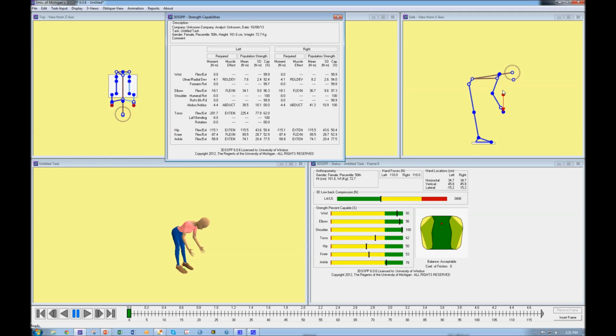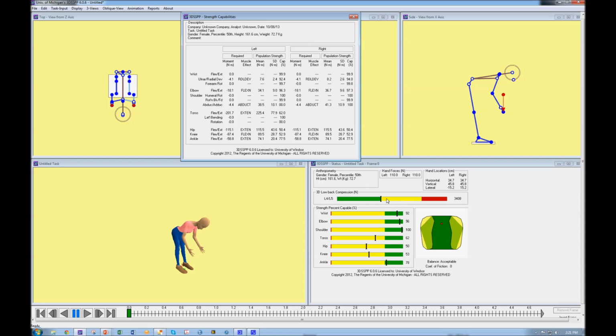The reaction to that is a downwards force at 110 newtons in each of the hands, where we see that we do exceed the 3,400 newtons of compression of NIOSH, and we fall under the strength capability values that we have set at 75% for the torso, hip, knee. Therefore, this job would not be acceptable based on our policy of 75th percentile capable and 3,400 newtons of compression.